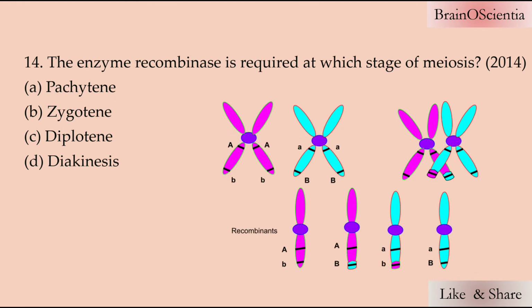In meiosis the homologous chromosomes come close together, and as a result chiasma formation takes place. This leads to crossing over, and as a result genetic recombination happens. In which stage does this recombination take place? The answer is pachytene. In pachytene, recombination of genetic material takes place, and the enzyme recombinase is active at the pachytene stage of prophase 1 of meiosis.